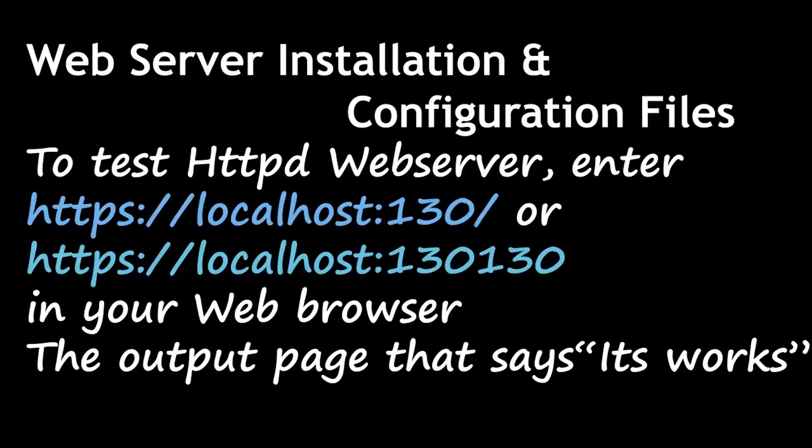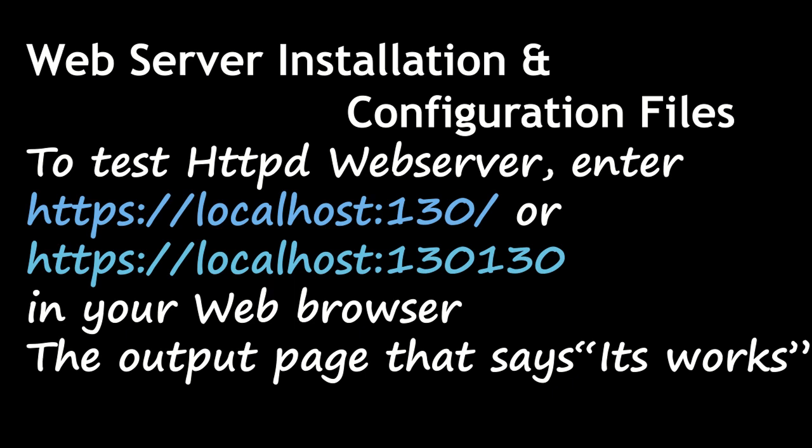Whether this Apache is installed, we have to test it, right? For that, we have to enter this in your web browser. We can go to any browser. You can use Mozilla Firefox or Safari on your phone, or Google Chrome or Internet Explorer or Opera Mini, any browser.